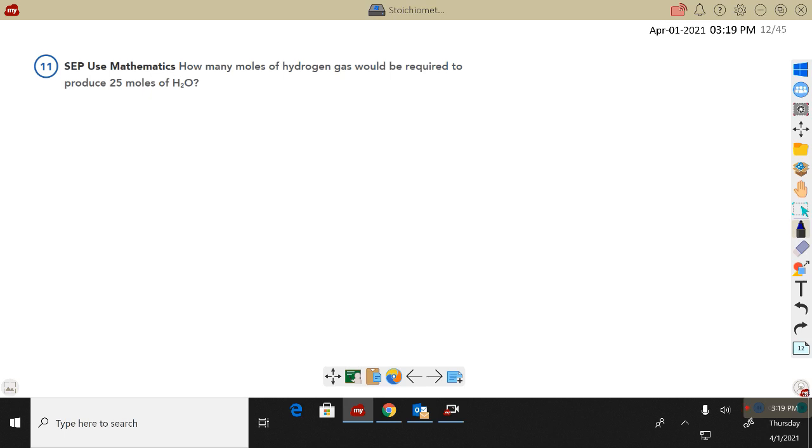When we're converting between amounts of reactants and products, you start with what you have, 25 moles of water, and then we're going to set up our proportion. The unit that I have goes on the bottom, moles of water. The unit that you want goes on top. How many moles of hydrogen?